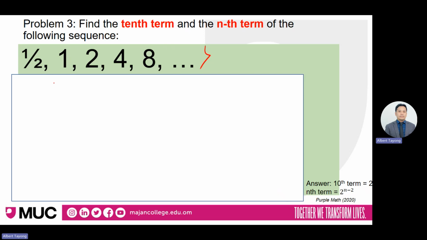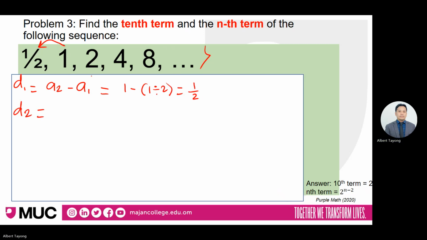So the first is to identify D1 and D2 and R1 and R2, compare if they're equal or not. So let's start with D. That is A sub 2 minus A sub 1. So that is 1 minus 1/2. Of course, is equal to 1/2.